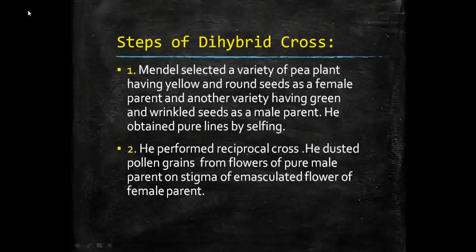For this purpose he dusted pollen grains from the flowers of the pure male parent on the stigma of an emasculated flower of the female parent. Emasculated means removing the male reproductive organs, the stamens, from the female parent.